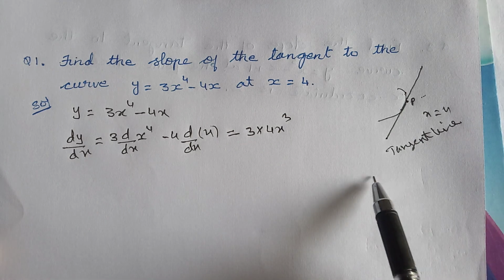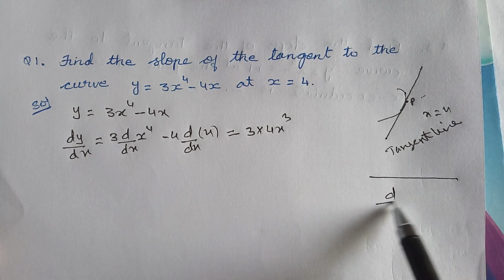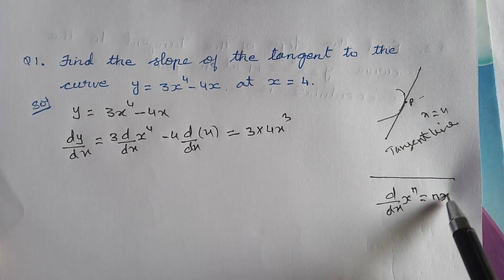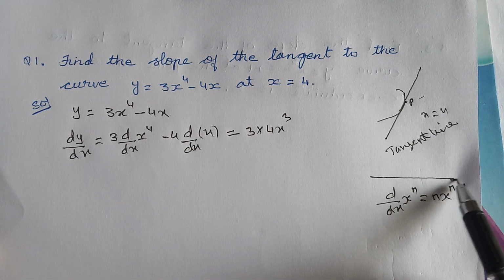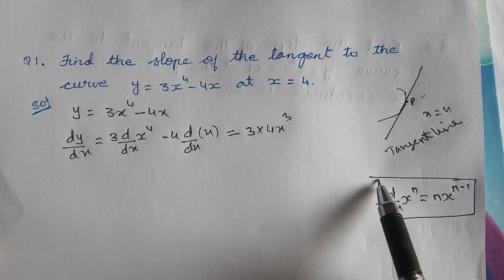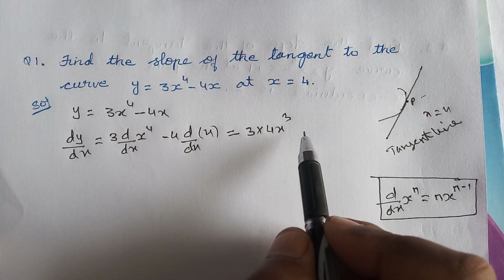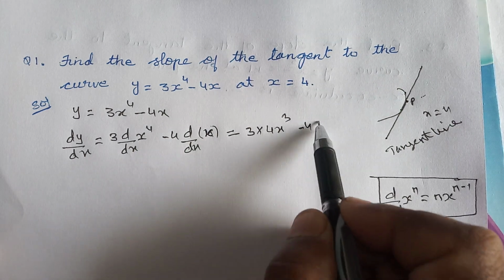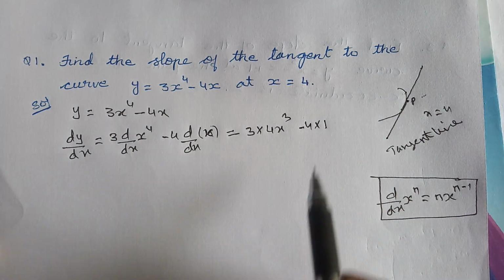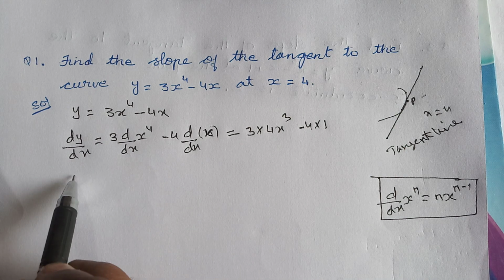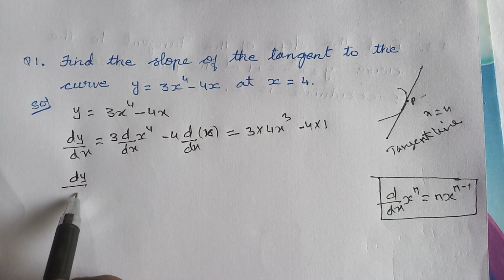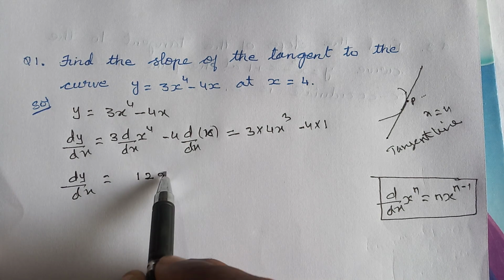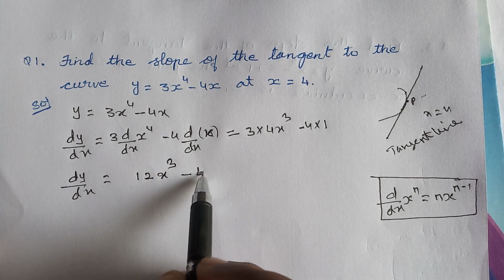The formula you know already, d by dx of x to the power of n is n x to the power of n minus 1. And x's derivative is 1, that is 4 into 1, 4. So if you simplify this dy by dx value, you will get 12x cube minus 4.